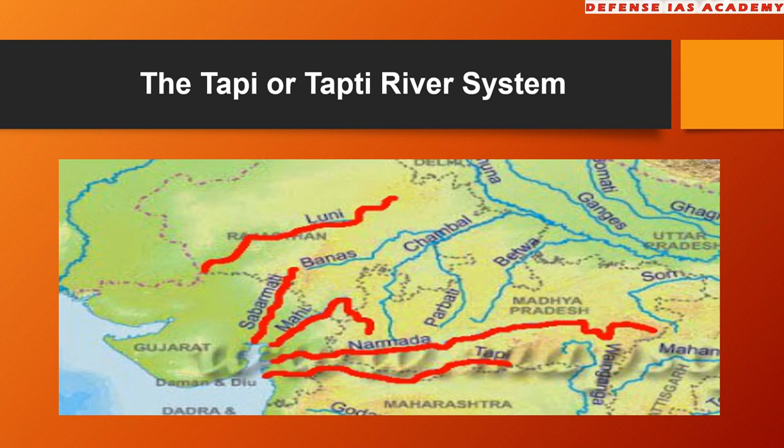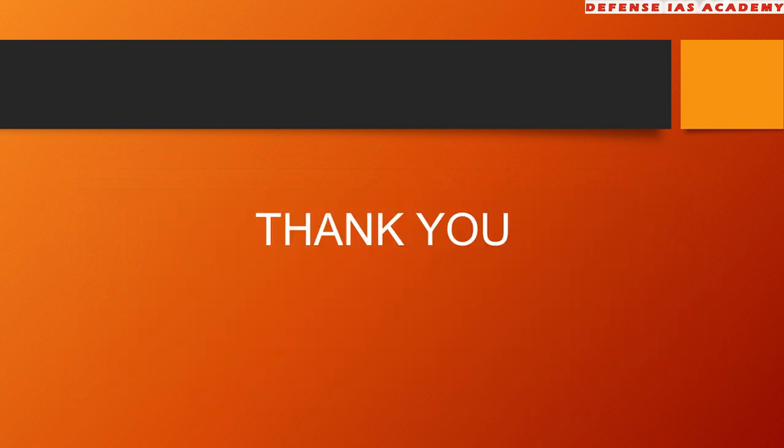This picture again shows the five west flowing rivers, mainly Luni, Sabarmati, Mahi, Narmada and Tapi. So that's all about the Indian river systems, both the peninsular rivers and the Himalayan river systems.